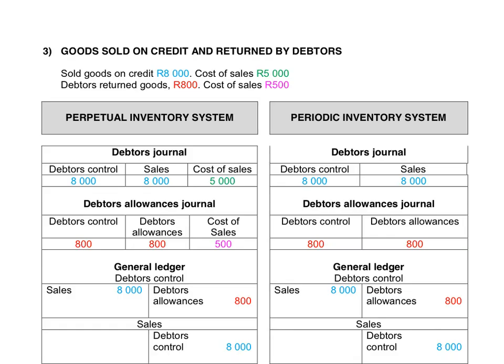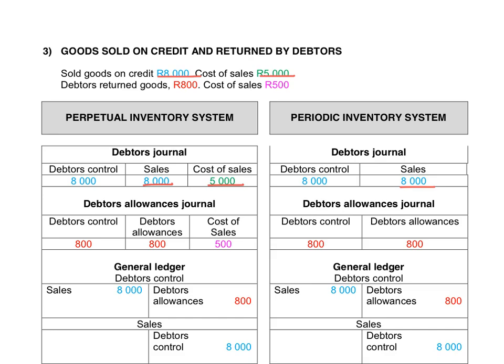Goods sold on credit and returned by debtors. Goods sold was 8,000 Rand and the cost price of the goods is 5,000. In the perpetual system, you will have a column for sales and for cost of sales. In the periodic system, you will only have a column for sales.